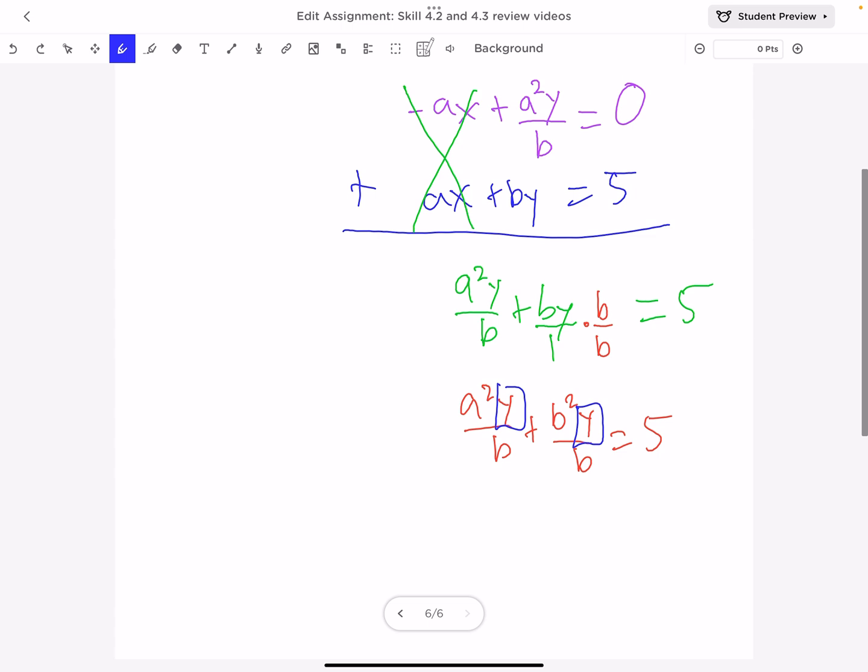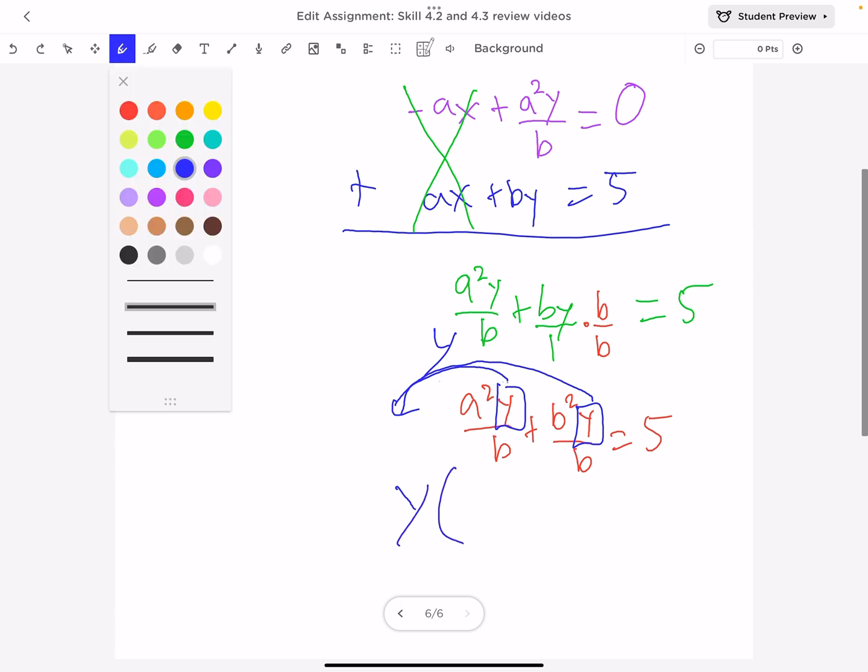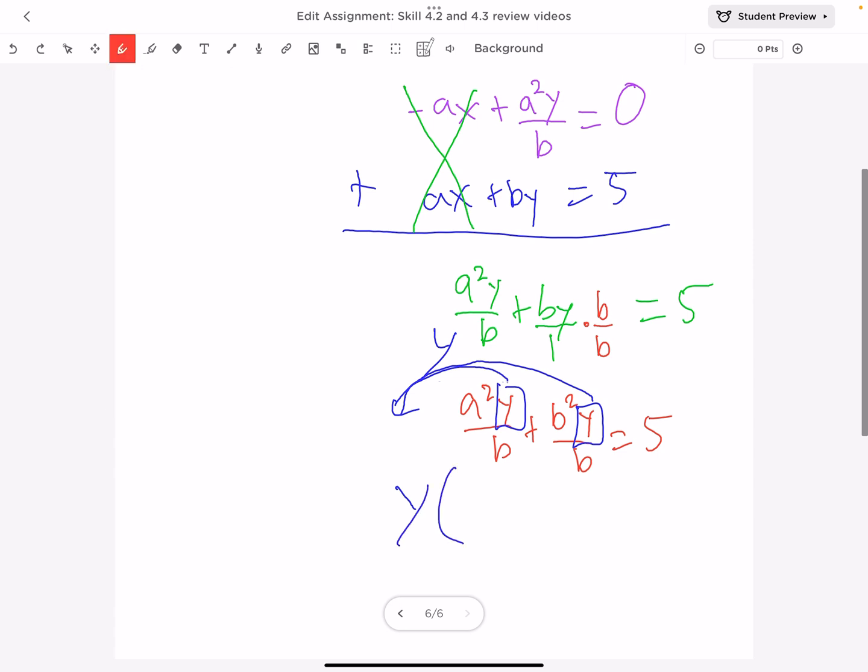Now I'm trying to isolate my y's. And what I can do is what I call an inverse distributive property, which is factoring out. I'm pulling out my y's. Since y is in both terms, I can pull that y outside. Then I create parentheses, and what's left on the inside is a squared over b plus b squared over b, equal to 5.